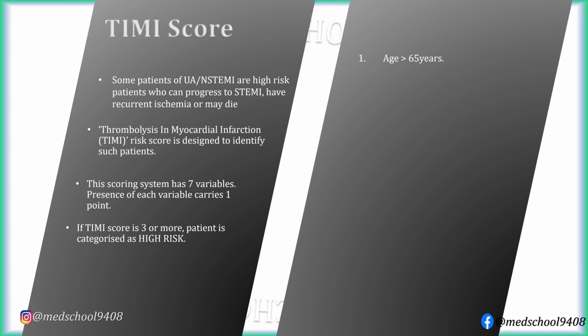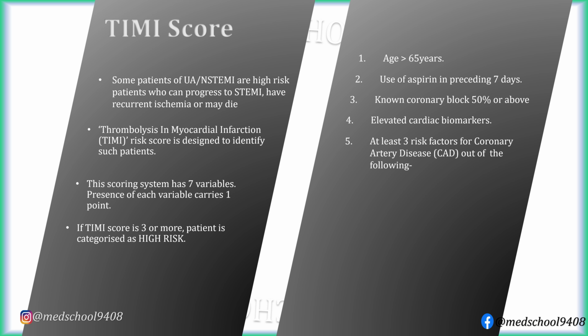Variables are age more than 65 years, use of aspirin in preceding 7 days, known coronary block 50% or above, elevated cardiac biomarker level, presence of at least 3 risk factors for coronary artery disease out of the following, which are diabetes mellitus, hypertension, dyslipidemia, family history of CAD and history of smoking.